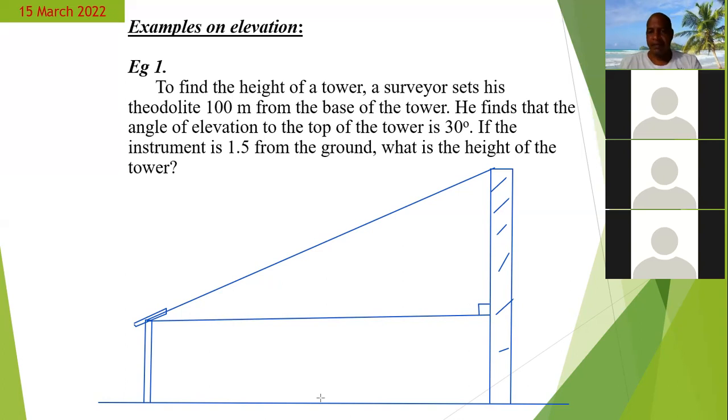All right, what else? So that's all? No, sir. So no one try to find the height of the tower? But what do we need to be able to find anything?